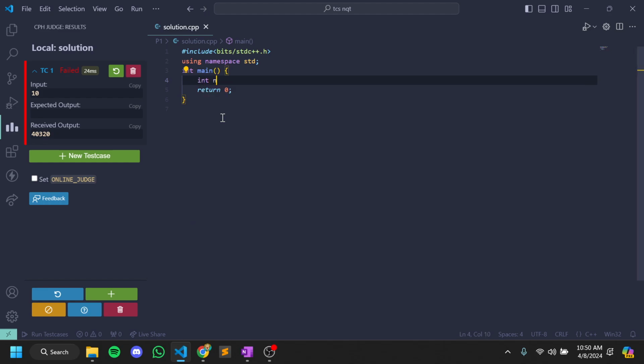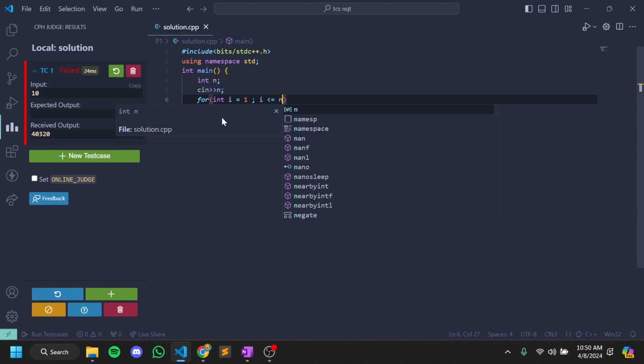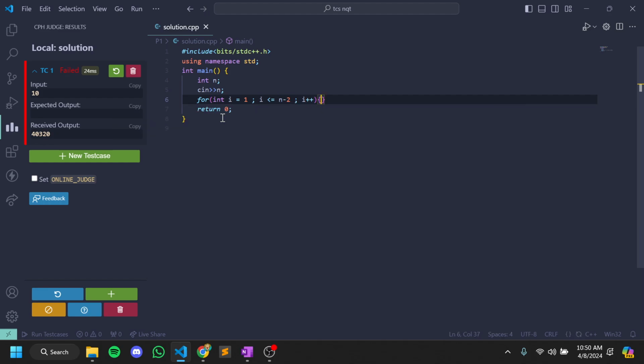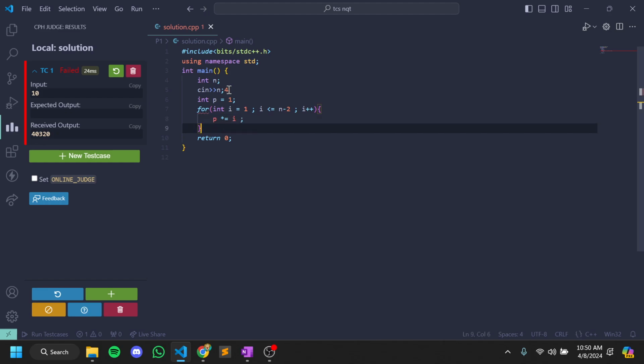So yeah, cin n, and for int i starting from 1 till n minus 2, i plus plus. Here we are taking a product, p times equals i, cout p times 2.